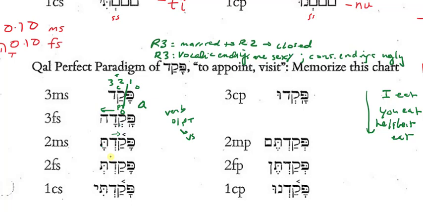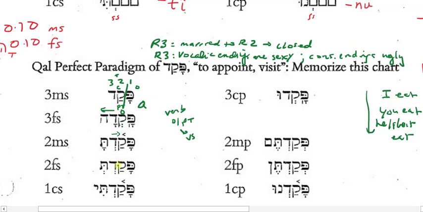Okay, great. Now, if I want to say you appointed, and the you is a woman, second feminine singular you, I'm going to add the t. Is that consonantal or vocalic ending? It's consonantal. So is the dalet going to stop closing the syllable and go start a new syllable somewhere? Nope. Going to stay married to root 2, isn't he?